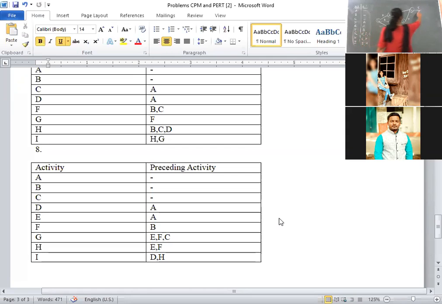What is the ending node? Ending node is I. Here the activity G you have to connect to the end node, that is I. This way you have to draw this diagram. Be careful while drawing. E, F and C are completed, then only G.